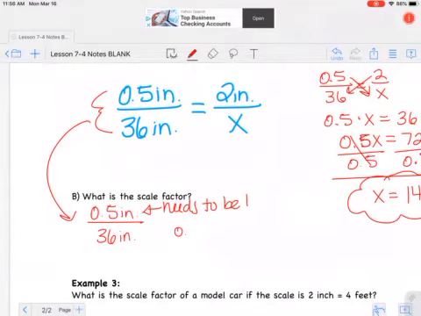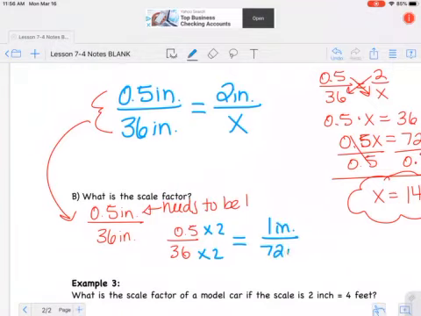Well, we're going to multiply both of them by 2, because when we multiply 0.5 times 2, we get 1. So this would equal 1 inch over 72 inches. So this would be our scale factor. That means for every 1 inch on the blueprint of the house would equal 72 inches in real life.